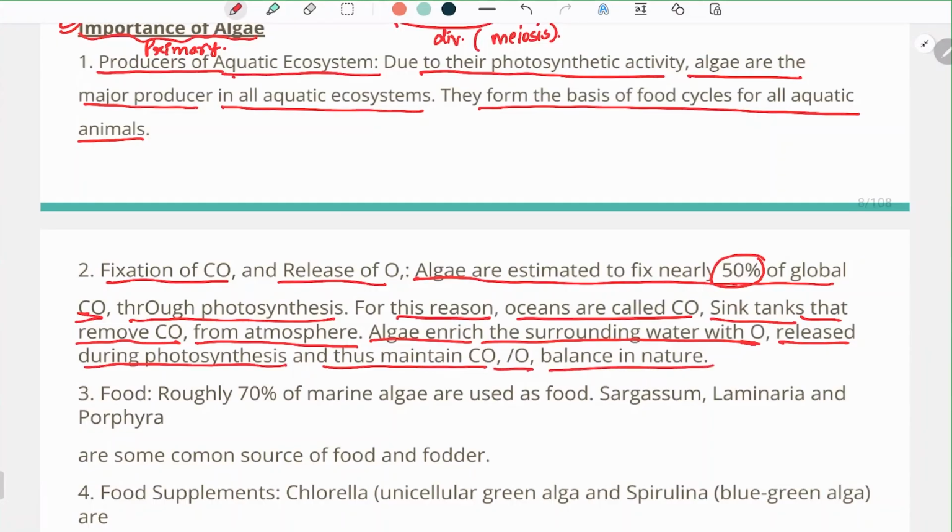All the oxygen present inside water for the survival of fishes and other organisms comes through algae, as well as in the atmosphere.